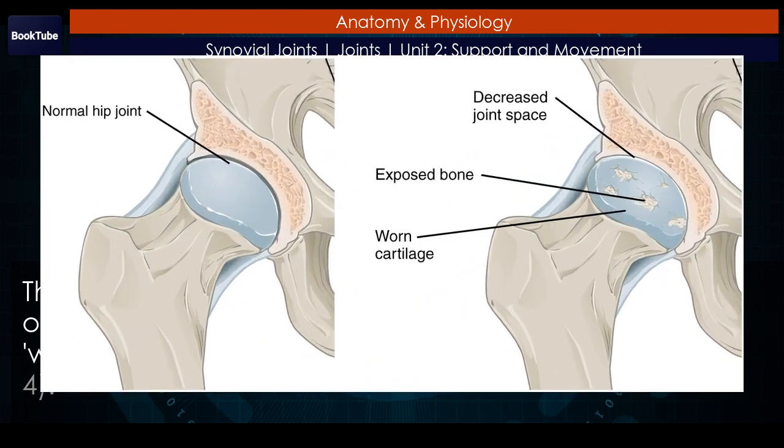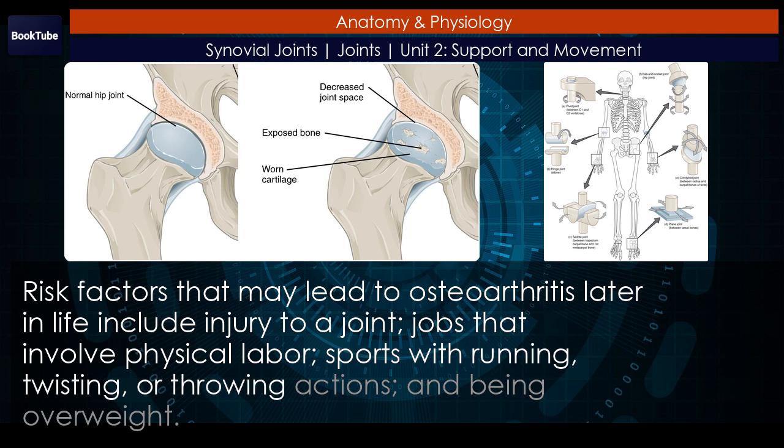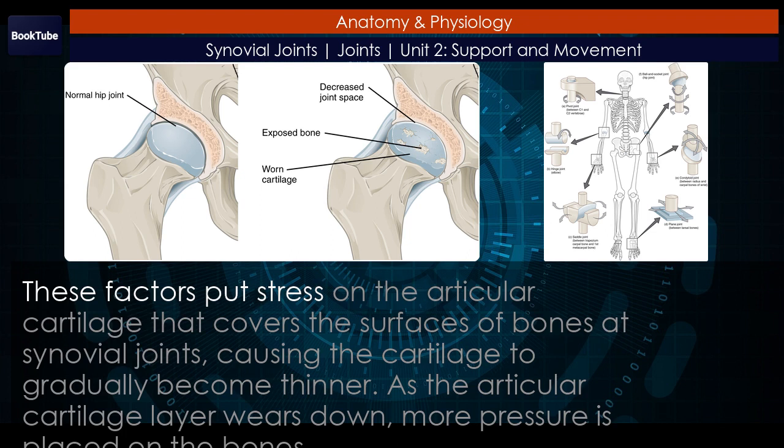The most common type of arthritis is osteoarthritis, which is associated with aging and wear and tear of the articular cartilage. Figure 4. Risk factors that may lead to osteoarthritis later in life include injury to a joint, jobs that involve physical labor, sports with running, twisting, or throwing actions, and being overweight. These factors put stress on the articular cartilage that covers the surfaces of bones at synovial joints, causing the cartilage to gradually become thinner.